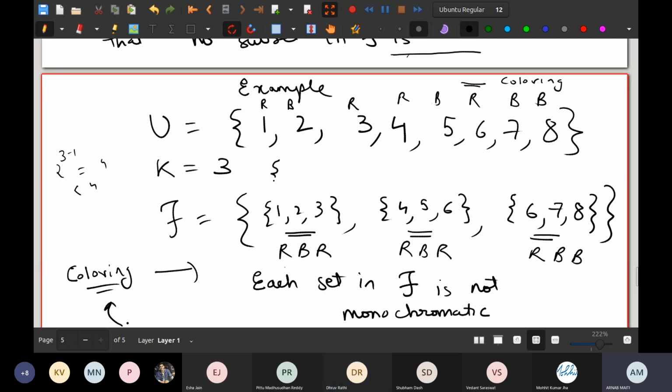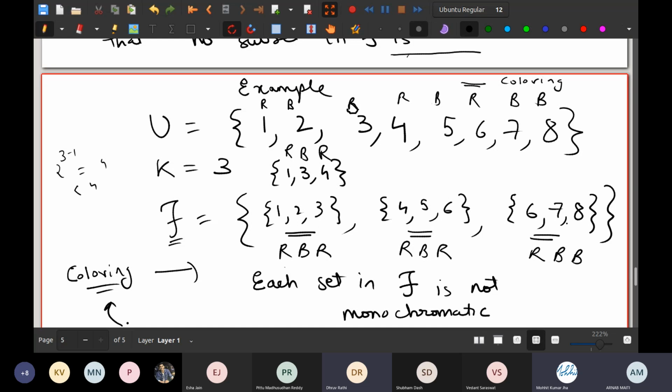So if we go for 1, 3, and 4, okay, then we have to change, say, this R to B. Then it will become R, B, R. So whatever way you try to construct this F, I can always give you one coloring such that these sets won't be monochromatic.